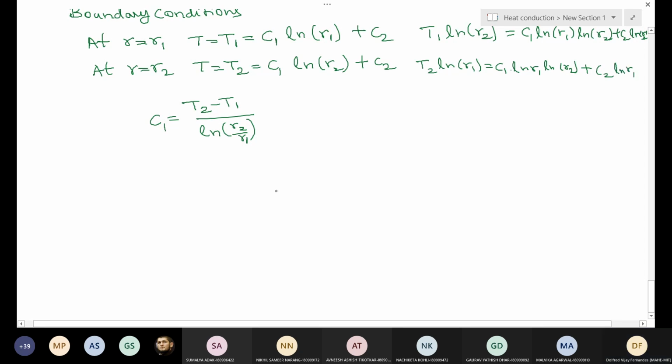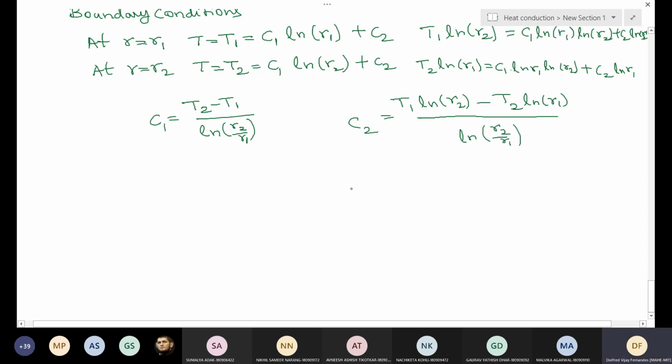Now subtract, and you can write C2 equal to T1 ln R2 minus T2 ln R1 divided by ln (R2 by R1).